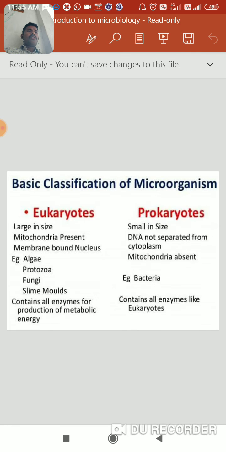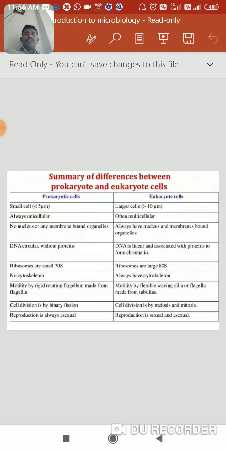So all these 5 groups of organisms belong to microbes. They have either eukaryotic or prokaryotic cells. Generally the prokaryotic cell is smaller, less than 5 micrometer, whereas the eukaryotic cell is larger, greater than 10 micrometer.